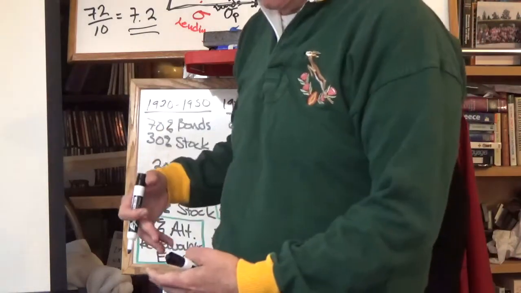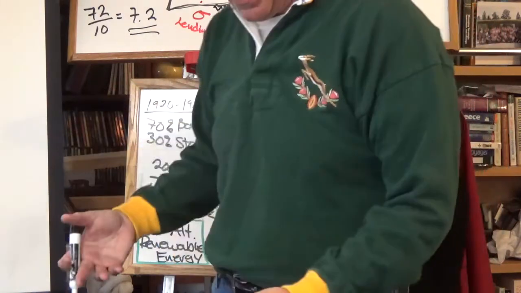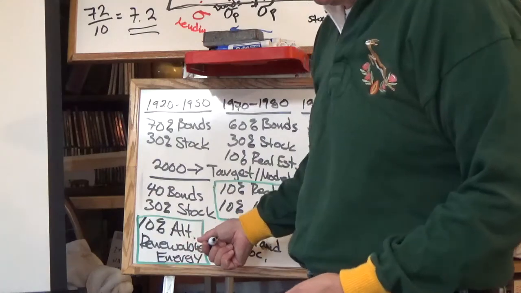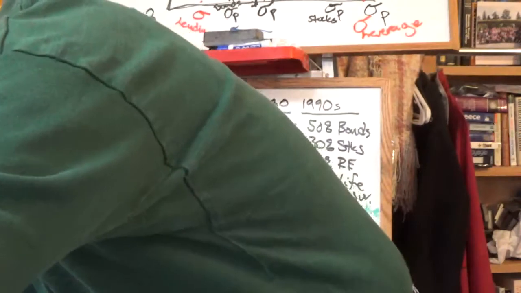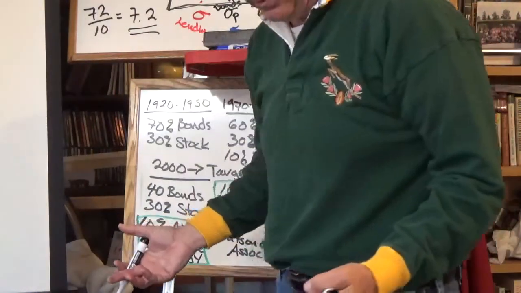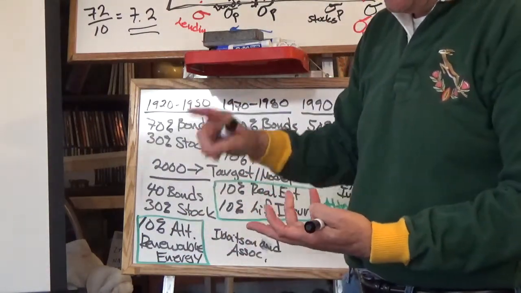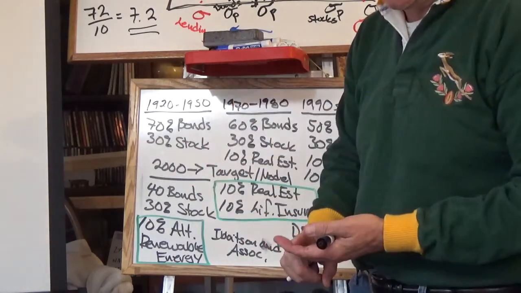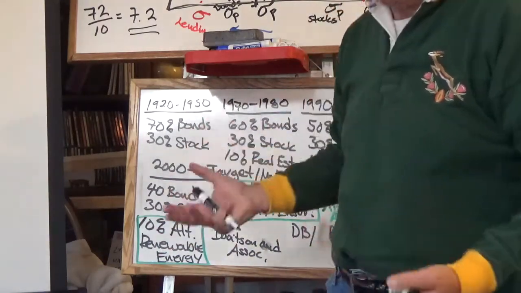And then currently, in the 2000 period, a new asset class has emerged, and that is alternative renewable energy. What is alternative renewable energy? Geothermal, biogas, wind farms, solar farms. That's a market now emerging as a new capital market.